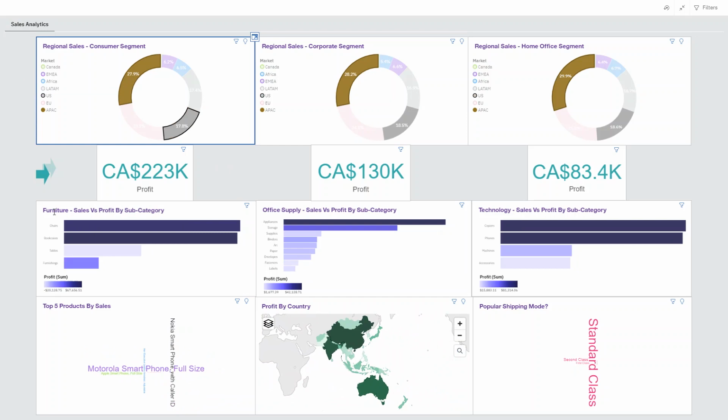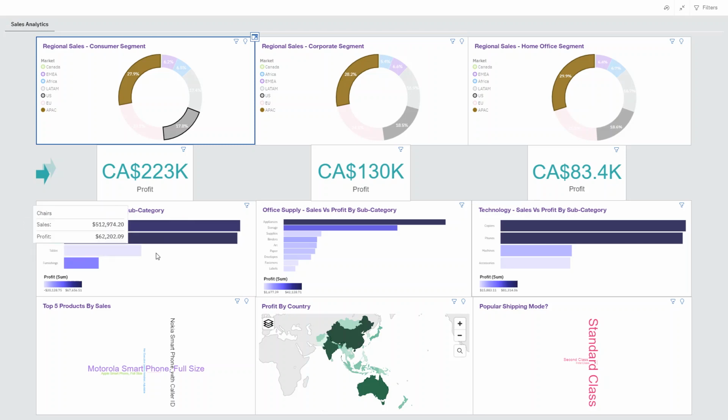What I can see here is for the APAC region, looking at the furniture category, chairs is doing pretty well in terms of sales. However, the bookcases are bringing in more profits, right? You can see the profit at 67,000, and the chairs are bringing in 62.